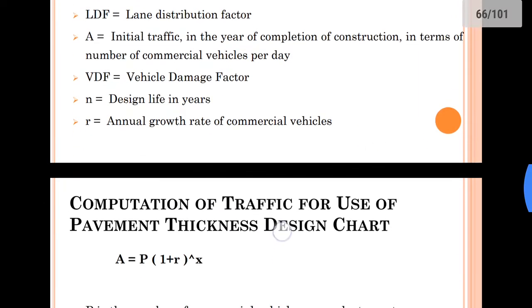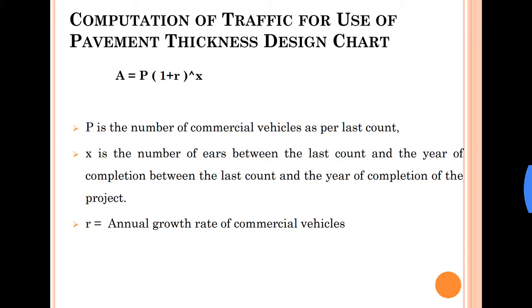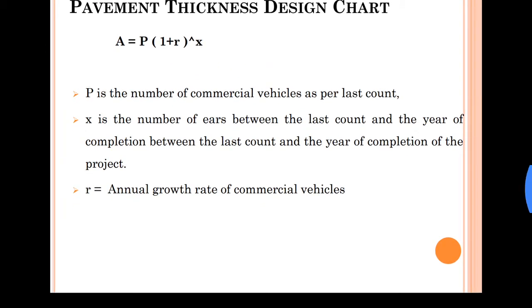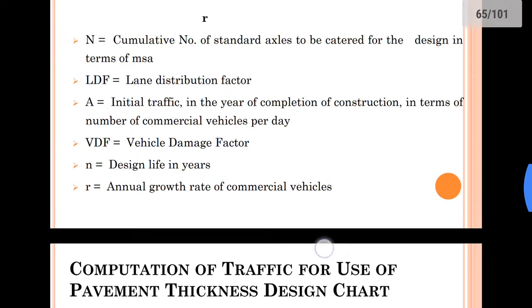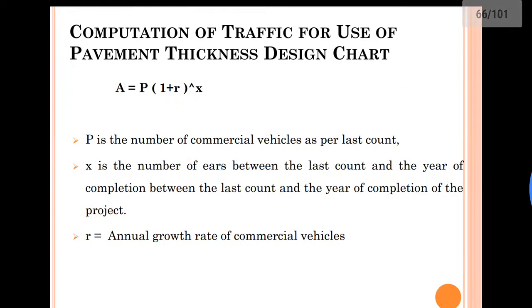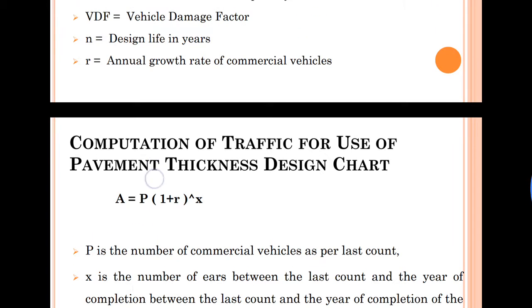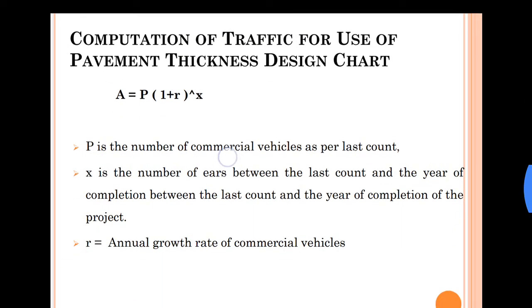Now, if in the question we have not been given the initial traffic, that is A, then we have a formula. A is equal to P into (1 plus R) whole raised to X. Where P is the number of commercial vehicles as per the last count. Whenever the last traffic count was done, the total number of vehicles using the road, that count we can use here in order to find out the initial traffic count at this design year.